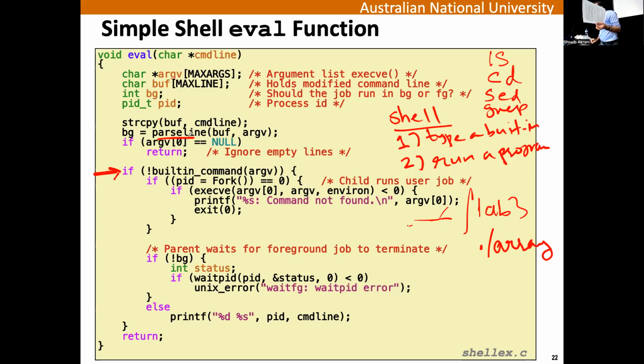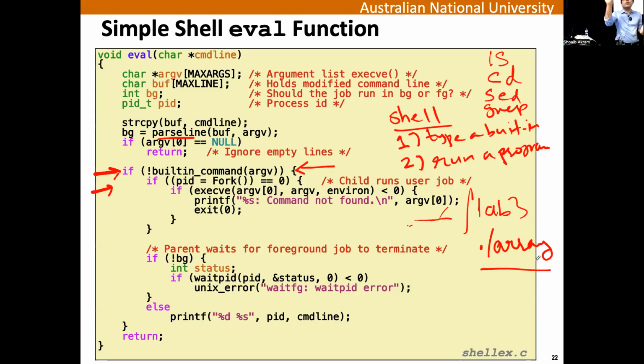So here, the shell is making sure it's not a built-in command, because if it's a built-in command, the parent process can just run it. The shell knows how to do the built-in command. I don't have the built-in command function here, but it would just be looking at the command and doing something it knows how to do. But the shell doesn't know how to do array.